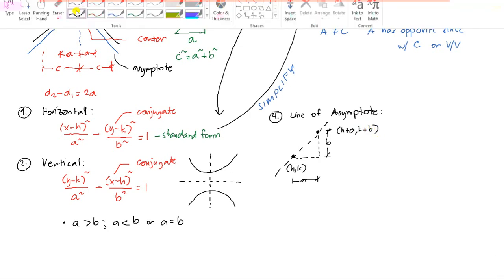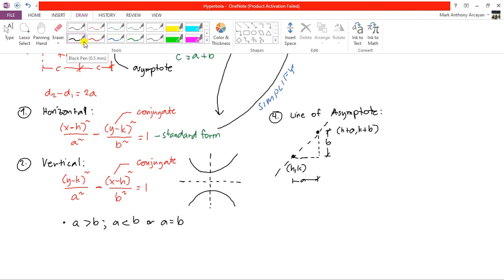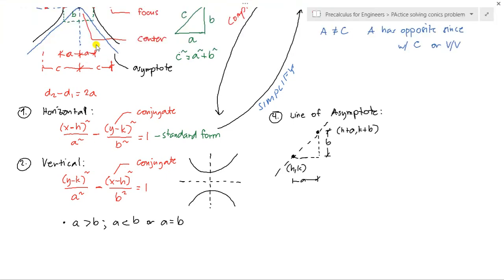So, using the point slope formula, we have y minus y sub 1 is equals to y sub 2 minus y sub 1 all over x sub 2 minus x sub 1 times x minus x sub 1.